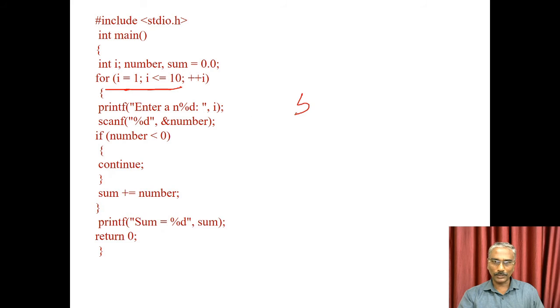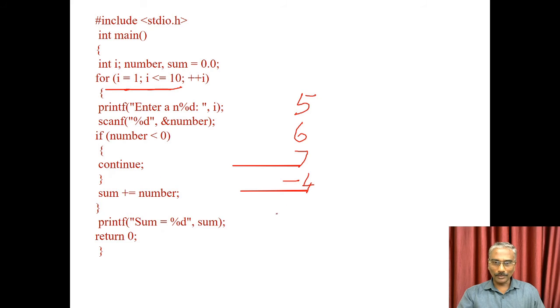For example, you are getting the value of 5, the next one you are entering 6, the next one 7, and the next one minus 4. So what happens? The number is less than 0. If the number is less than 0, it accepts the input.